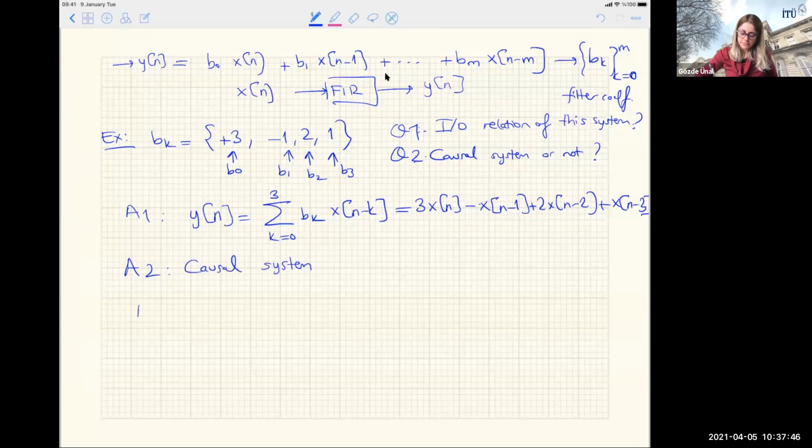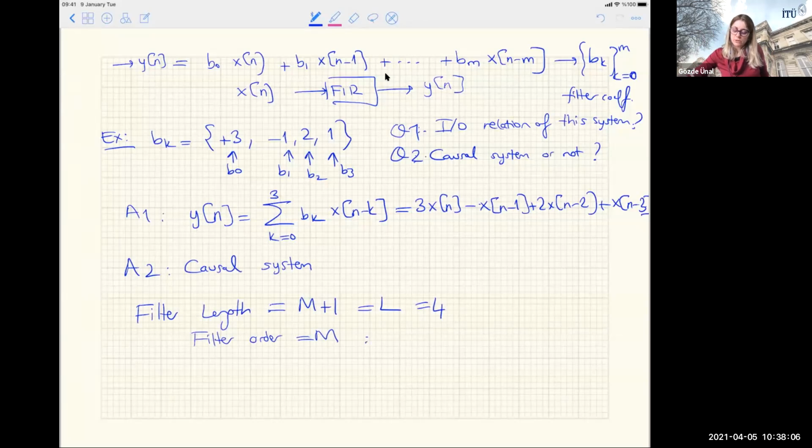And I can also say, I think we've said it, but just for the notes, filter length here is, you see, M plus 1, k runs from 0 to M. We call this L. We call this filter order M. So in this case, L was 4 length filter, M, so it was a third order filter.